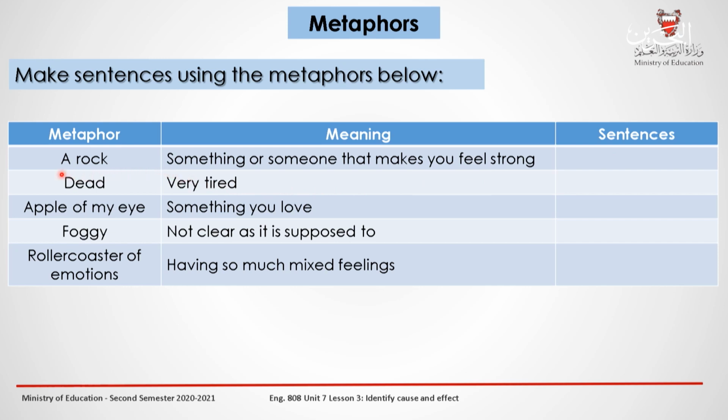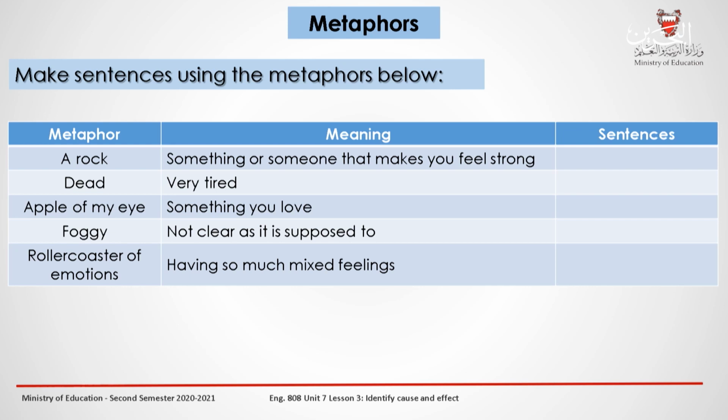A rock means something or someone that makes you feel strong. Dead means very tired. Apple of my eye means something you love. Foggy means not clear as it's supposed to. Roller coaster of emotions means having so much mixed feelings.